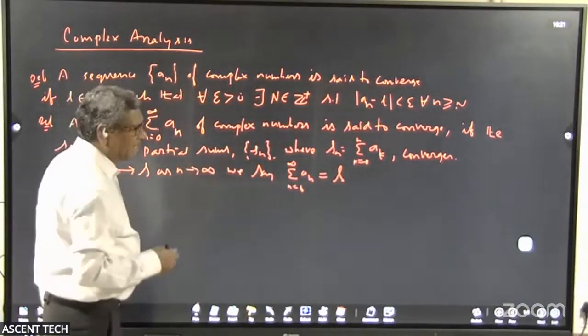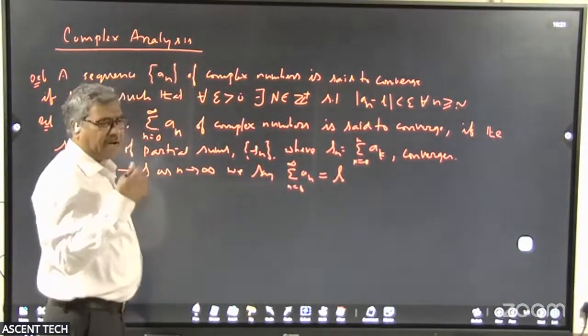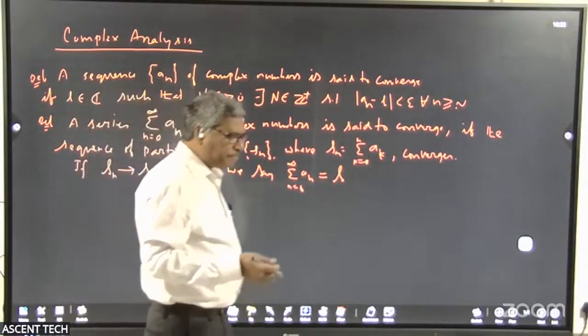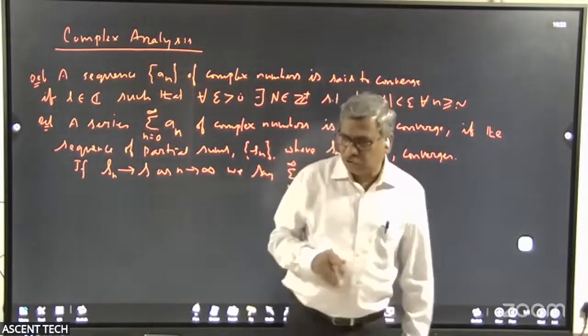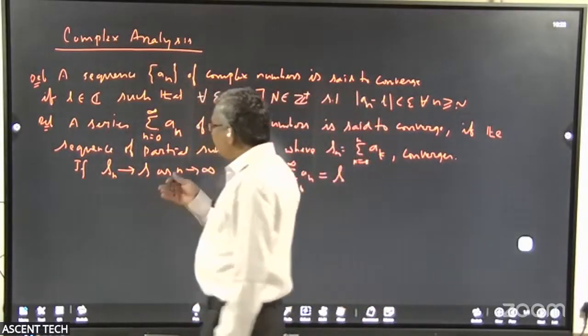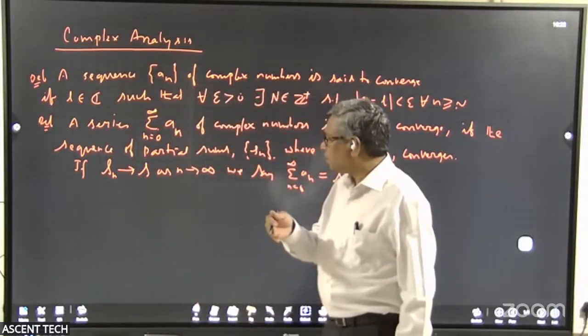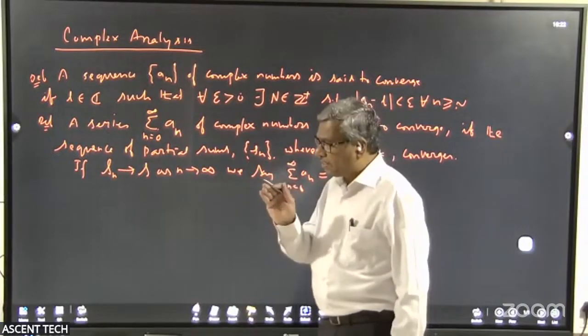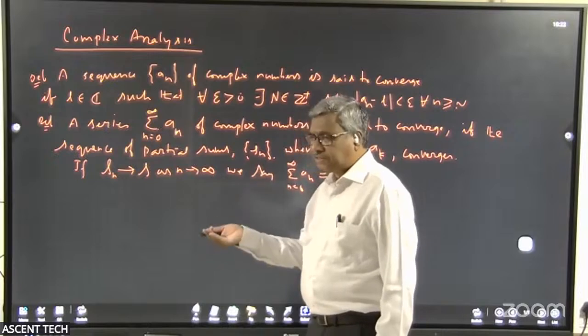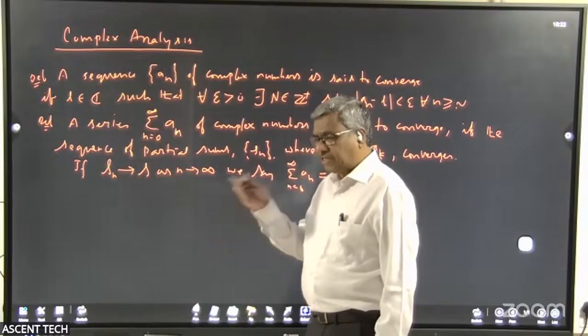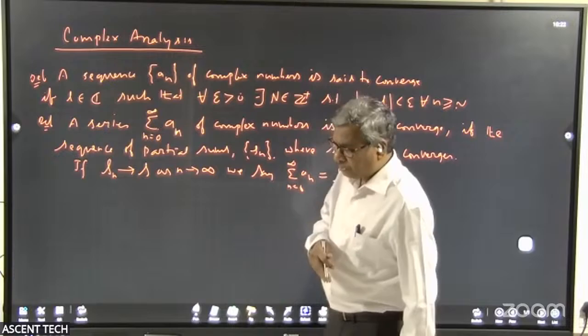We have already seen that the space of complex numbers is complete. That means, first of all, any convergent sequence is Cauchy, but there is a converse also. The space of complex numbers is complete, meaning every Cauchy sequence converges. So convergence is equivalent to Cauchy.